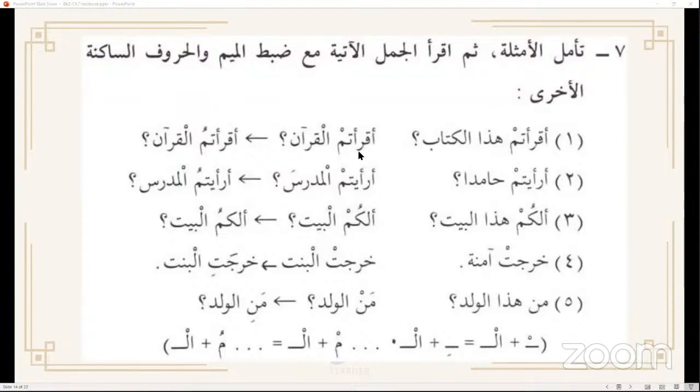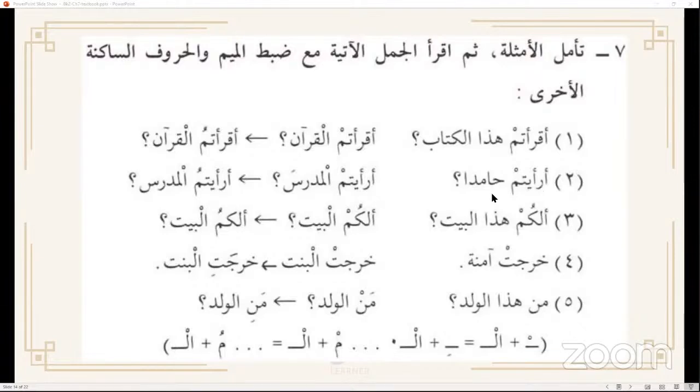And suppose you want to say aqara'atumul Qur'ana, then this is maf'ul bihi, and qara'atum is fa'il. Since this is the rule of two sukun coming together, you will put a dhamma sign here: qara'atumul Qur'ana. This is what I explained to you in the concepts. I think you know these things, so there is not much to explain again.